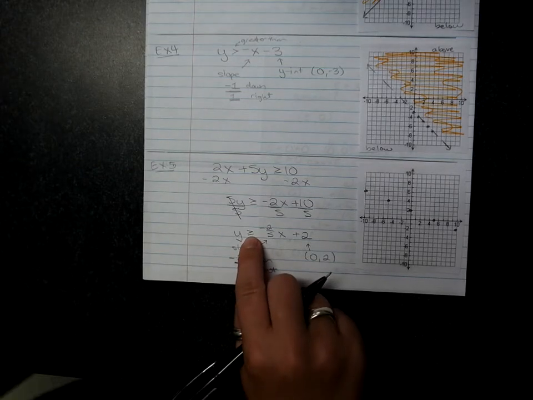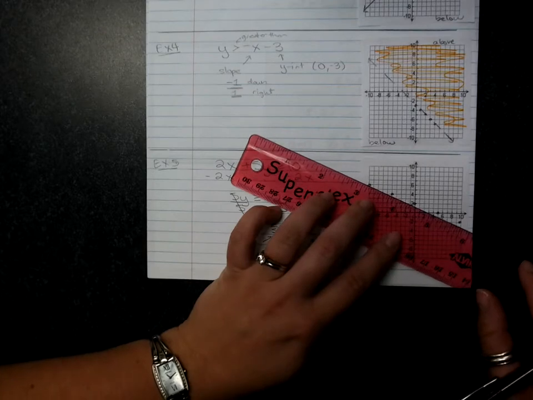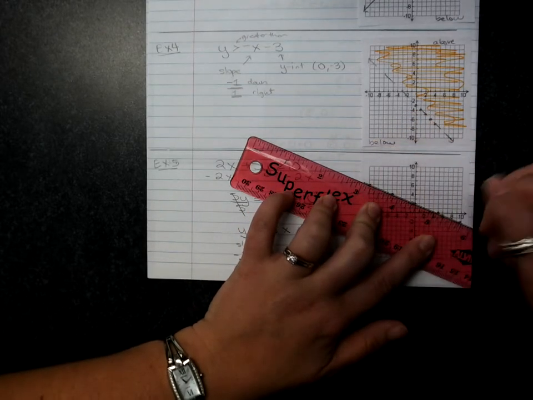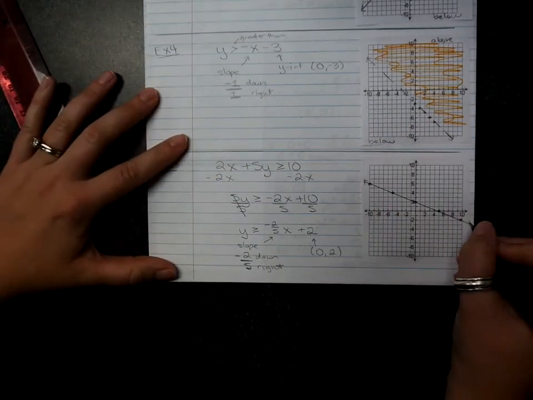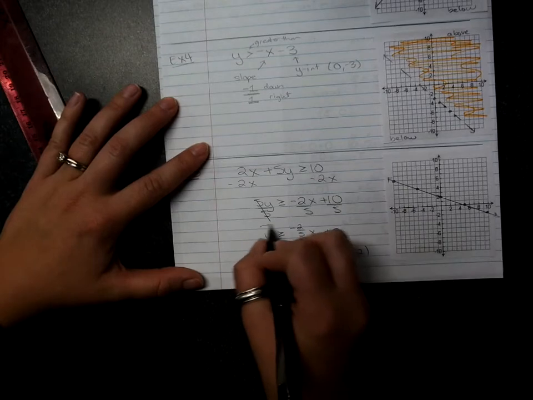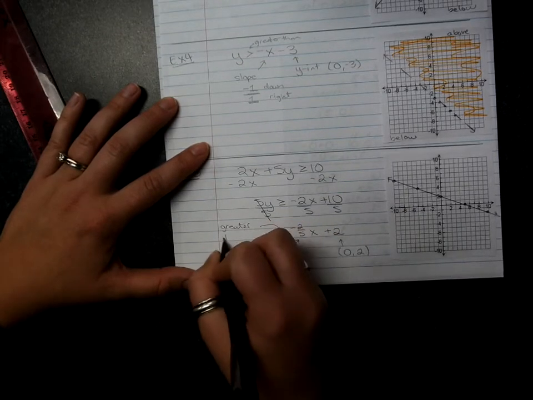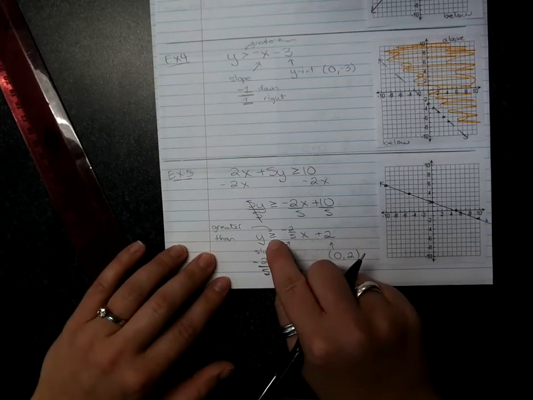This time we're going to have a solid line because there's a line underneath the inequality. So line up your points. We have a solid line. Arrows. And this is greater than. So you have to wait until it's in y equals form. Once it's in y equals form, that's the inequality you use.